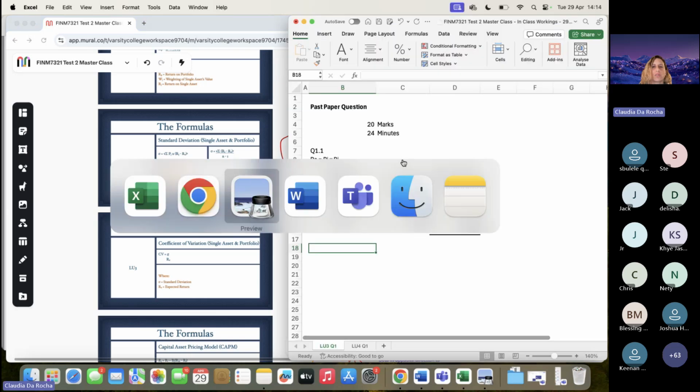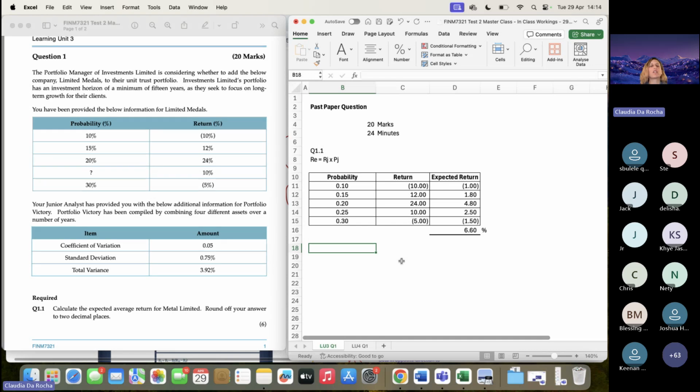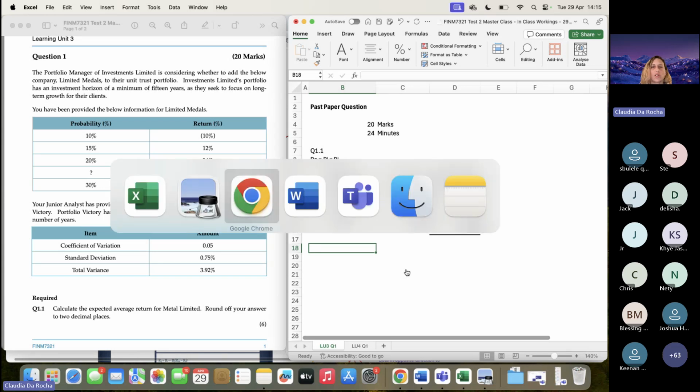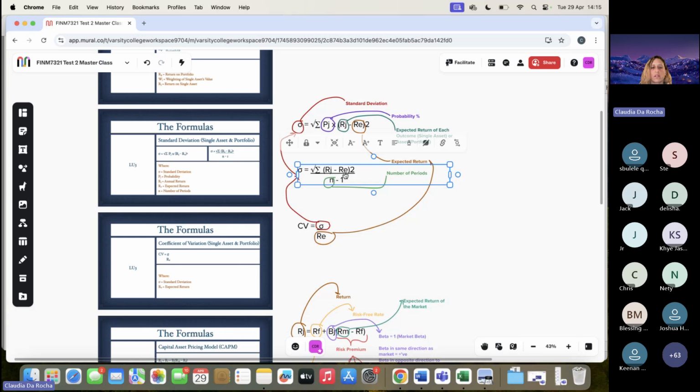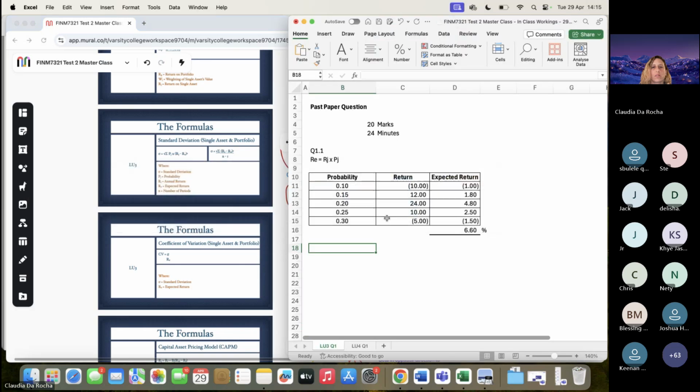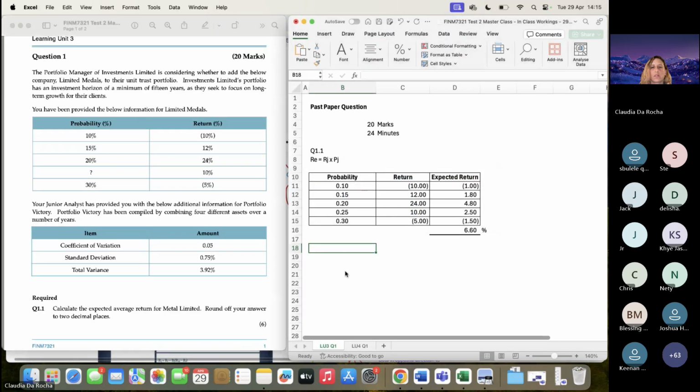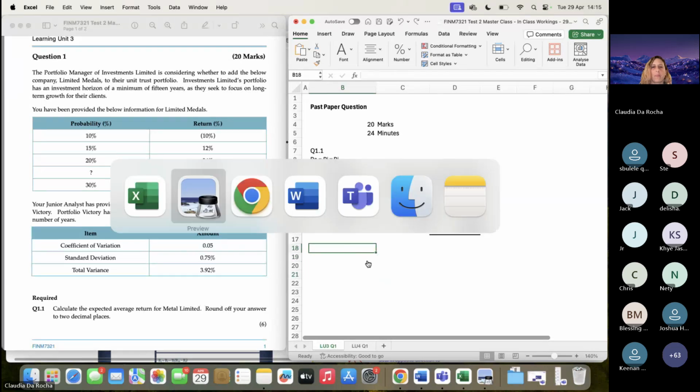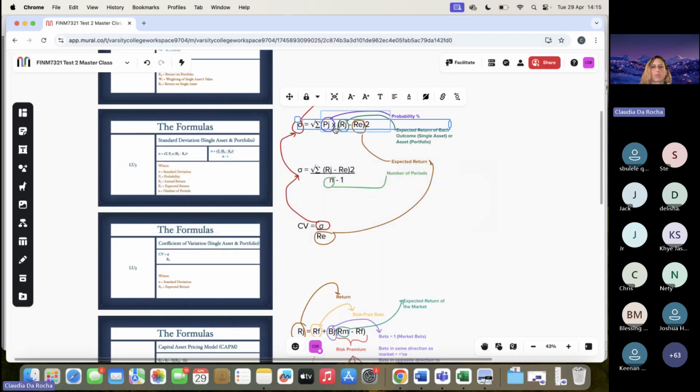So again, in my solution I would have done the formula method, so I would have included the formula, but we're going to do the table method. All right, so just to remind us of our formula. We're taking this one as the probabilities.